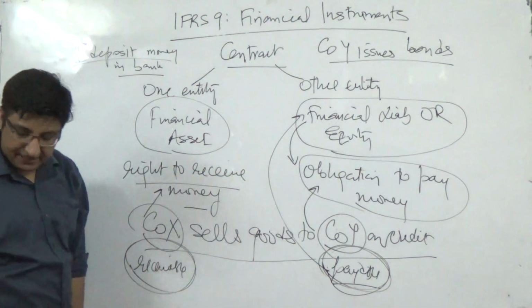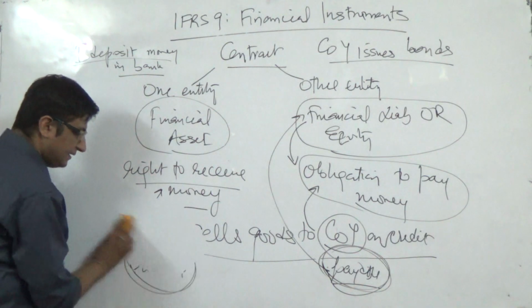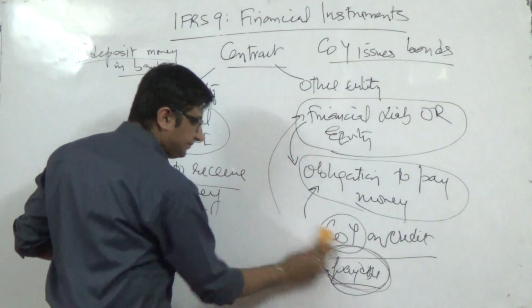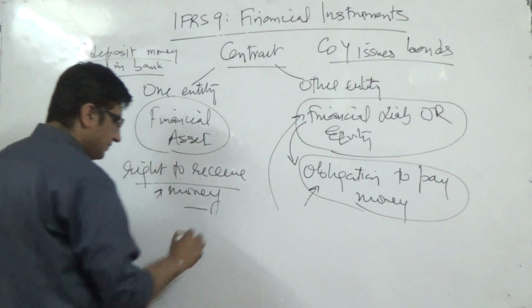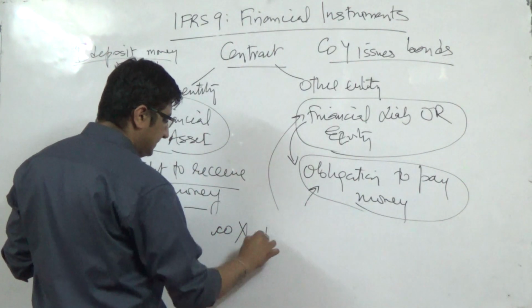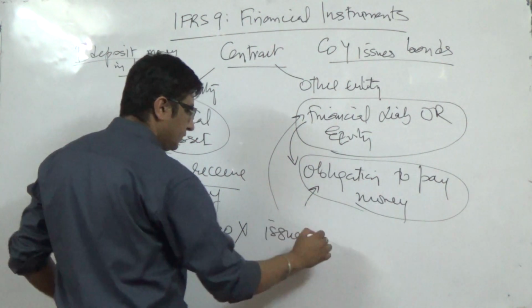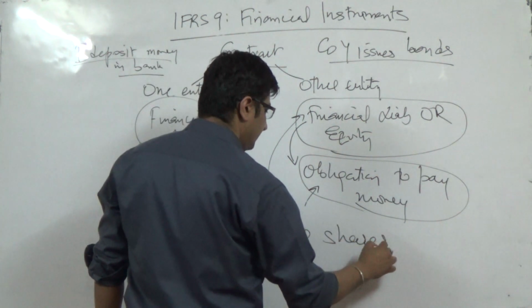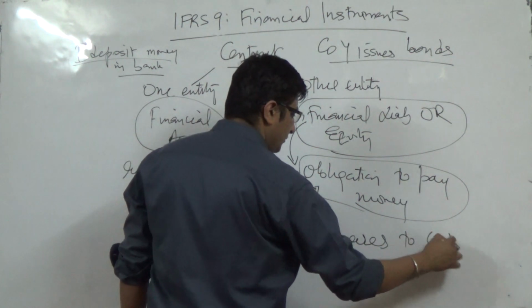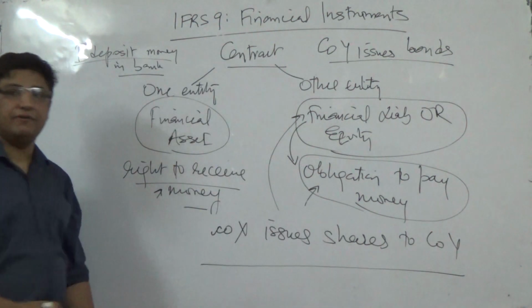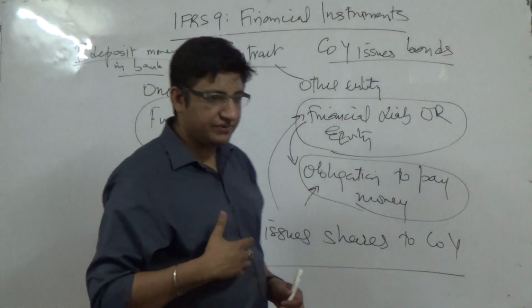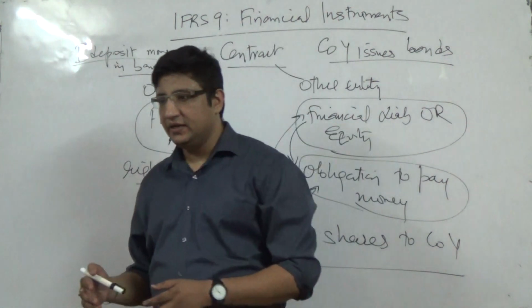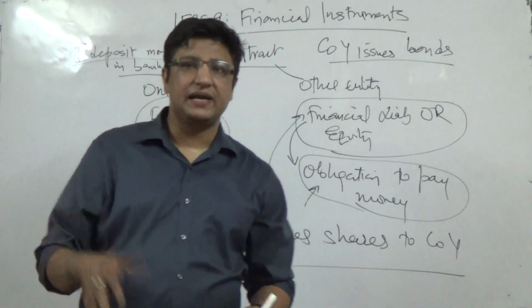Let's take one more example around this. Say that company X issues shares to company Y, right? Now, I'm not saying that they are issuing shares with respect to, let's say, assets being acquired, things like that.